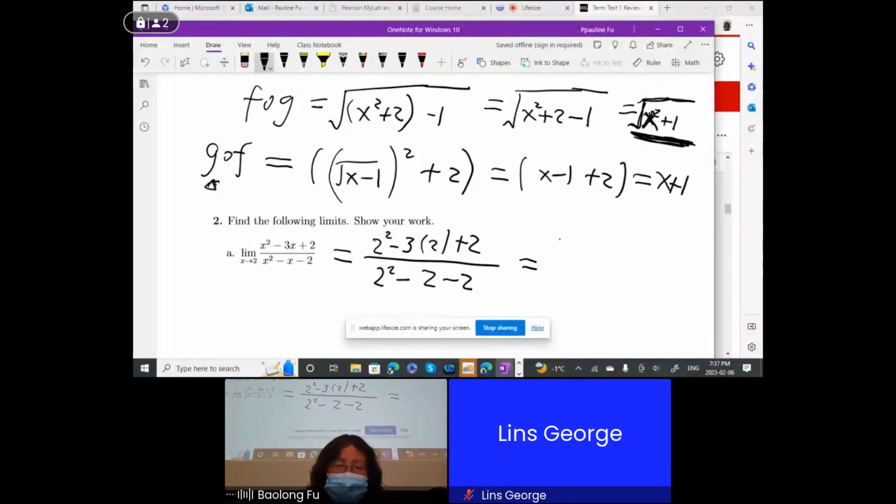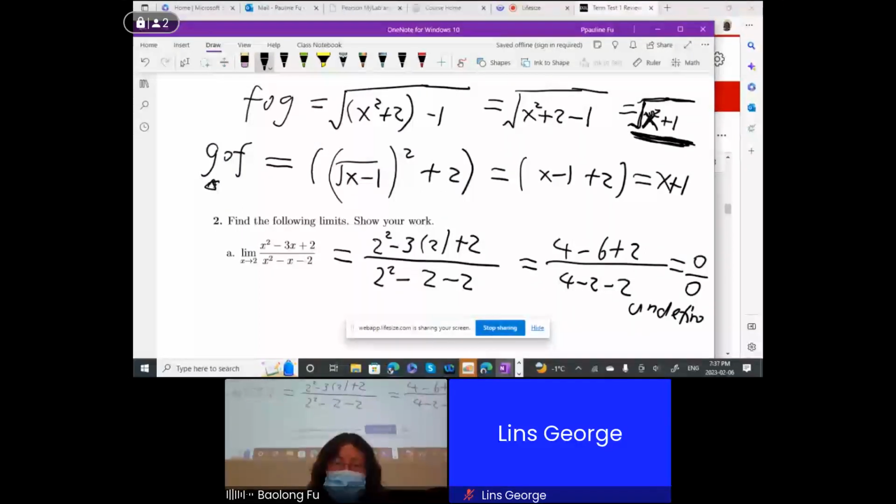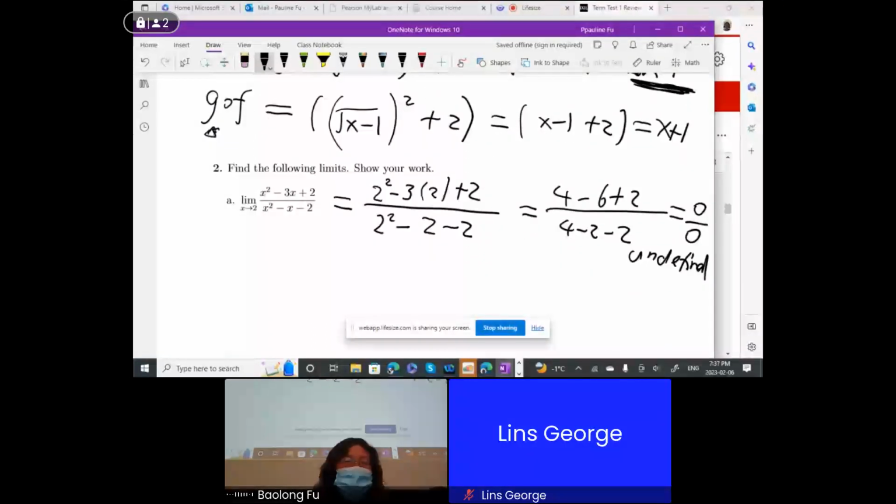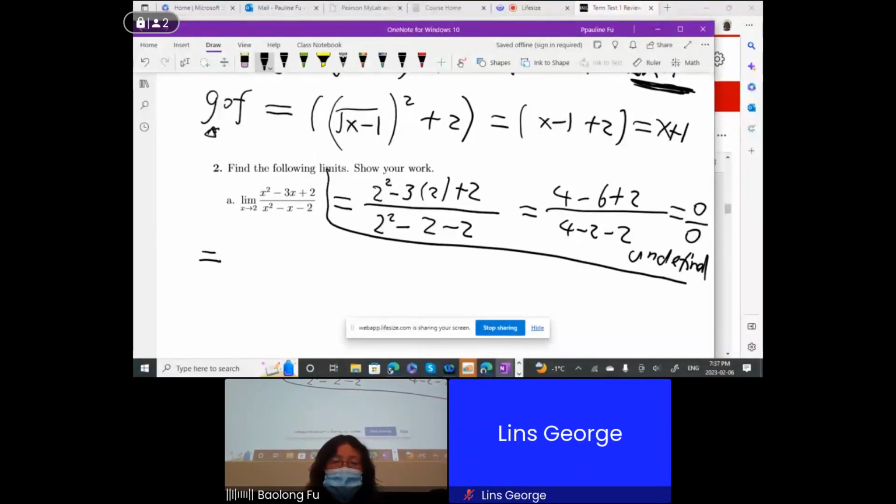And you will see 4 minus 6 plus 2, 4 minus 2 minus 2, and you will see 0 over 0. This is undefined. When you have 0 over 0, undefined. So you don't do plug in because it is undefined, and you have to do some work. So don't do this. This is on the side on your rough paper.